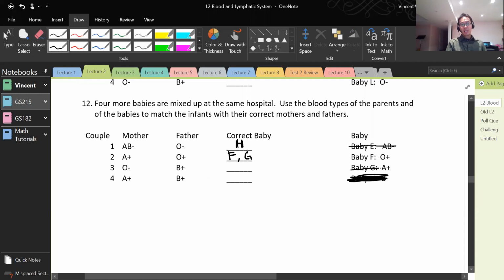So G is definitely not theirs, which means F will be their baby. Okay, and since F is the only possible baby for the third couple, we can cross out F for the previous one. Okay, and so for the last one is going to be E, and that is the answer.